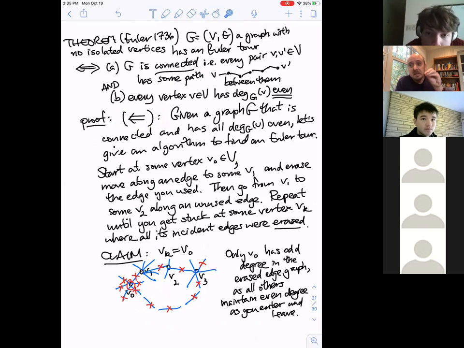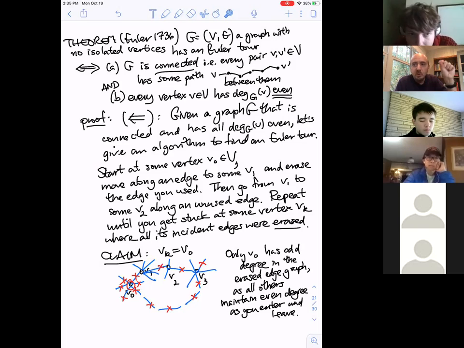It basically says you start somewhere, you leave along an edge that you haven't used and then erase it. Then you move along another edge that you haven't used and erase it. And you keep doing this until you get stuck. You enter a vertex where you've used all the edges that were touching it to get there. And you realize, because of this even edge condition, you can only get stuck at the vertex where you began.